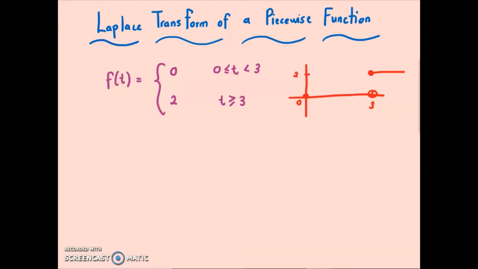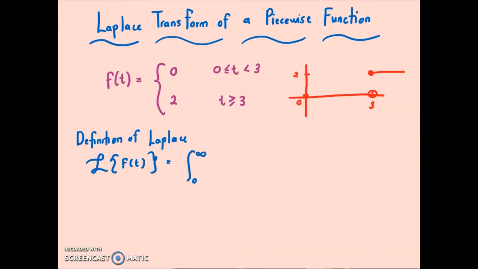Okay, so recall the definition of Laplace. The definition of Laplace transform of f(t) is given by the integral from 0 to infinity of e^(-st) f(t) dt.